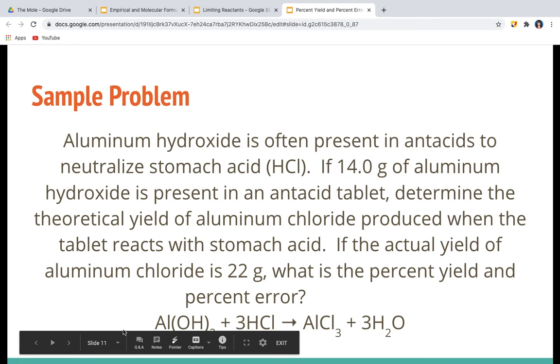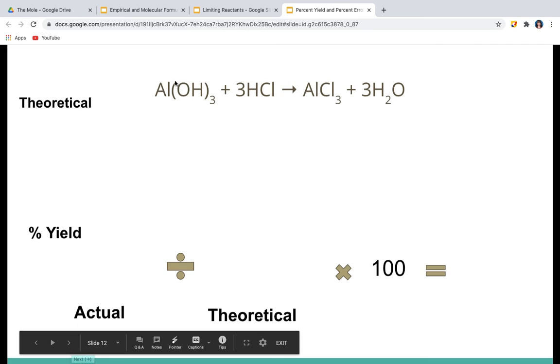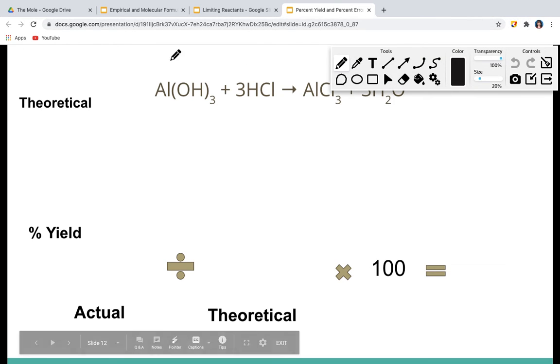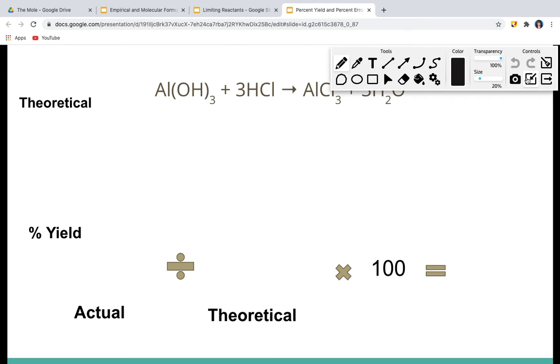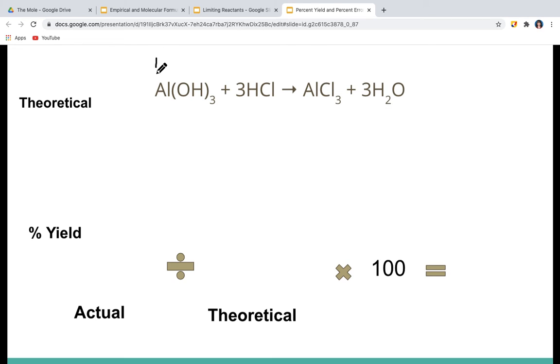We're going to start with 14 grams of aluminum hydroxide. We're going to draw out our roadmap, as always. I want my theoretical yield of aluminum chloride, not moles, grams.